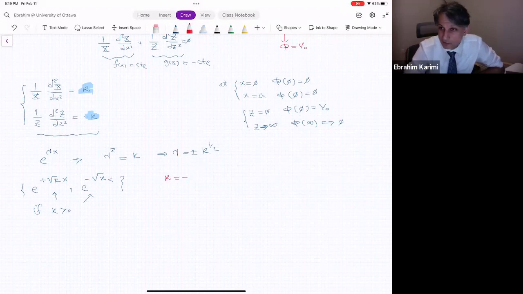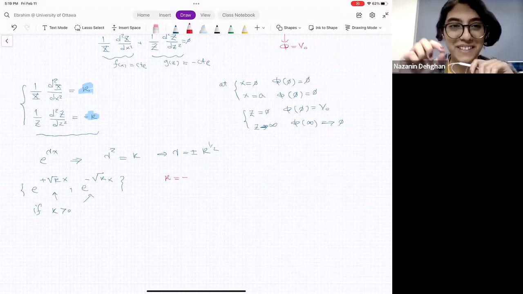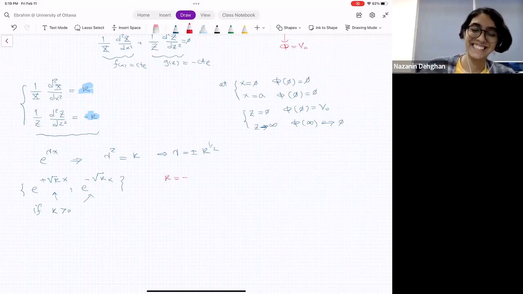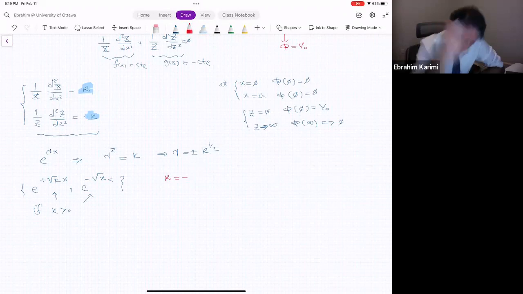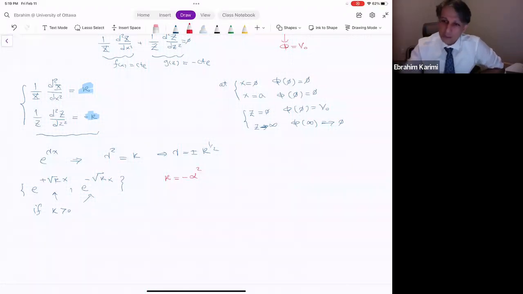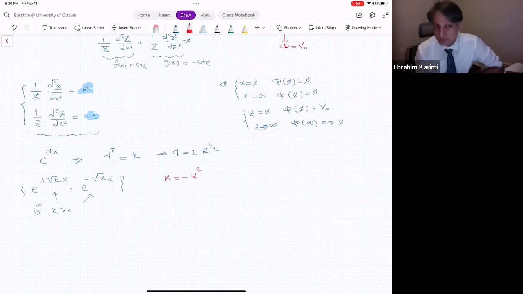I'm done with so many parameters that we are using. Kappa 0? Oh no, God, that's terrible. Sorry. Alpha to the power of 2. Is that fine? So alpha squared is positive, and now with the negative sign, we are sure that this is negative.